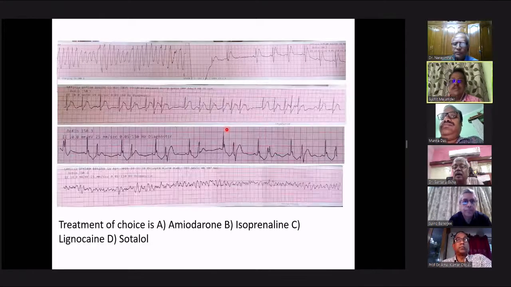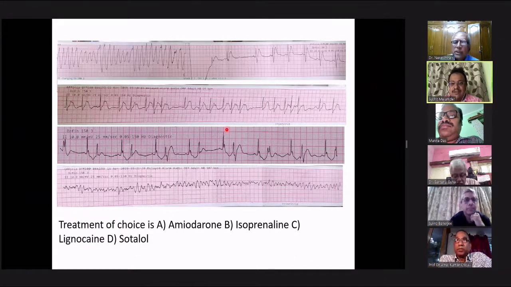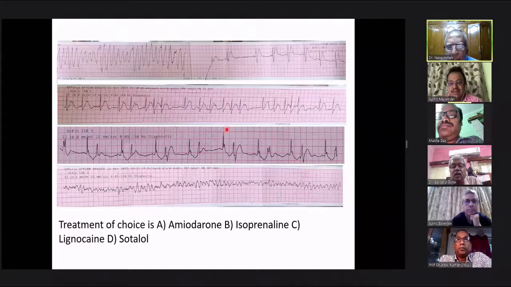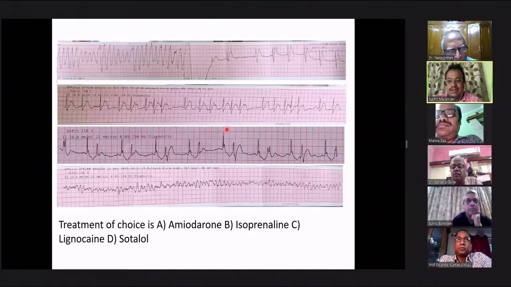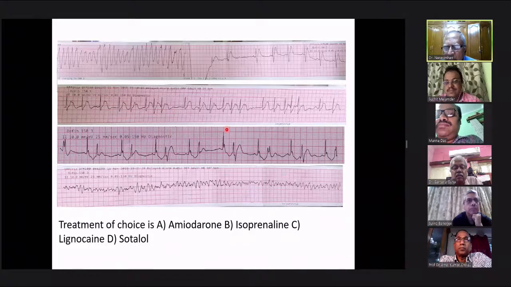Sir, one question. What will you do in a patient who has one ECG showing atrial fibrillation in addition to the flutter? How will it change your management? Very often, flutter can initiate atrial fibrillation, and conversely atrial fibrillation can initiate a flutter.